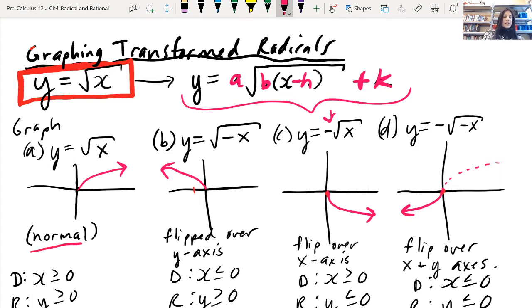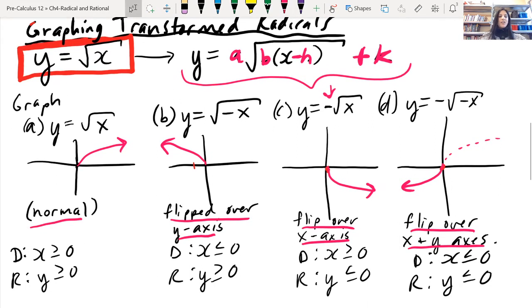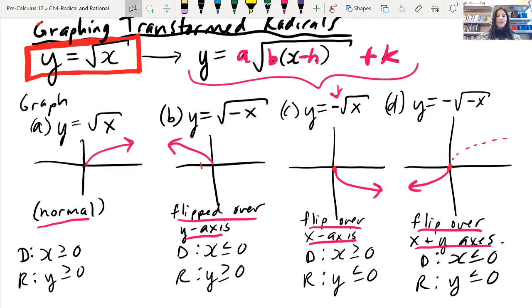So here I've just quickly written out what the impact would be, flipped over the x-axis, flipped over the x and y-axis. And I've already written out what the domain and range would be. You can go through and have a look at those, but that's a review of what we've done before, so I'm not going to spend much time on that. But if you like, you could at this point pause your video, have a look at the domain and range listed at the bottom.